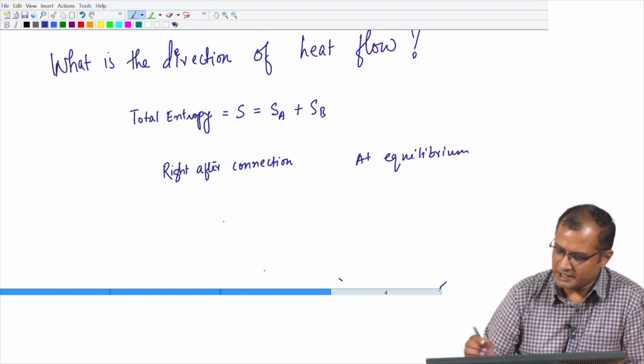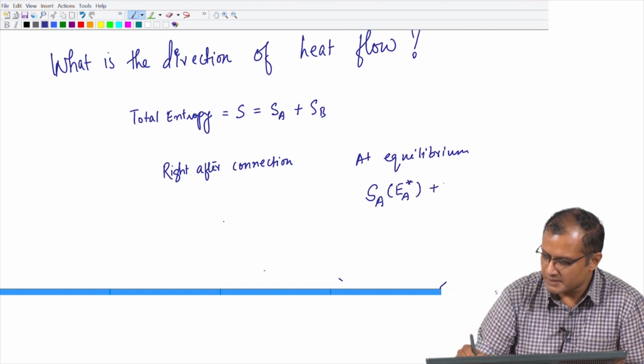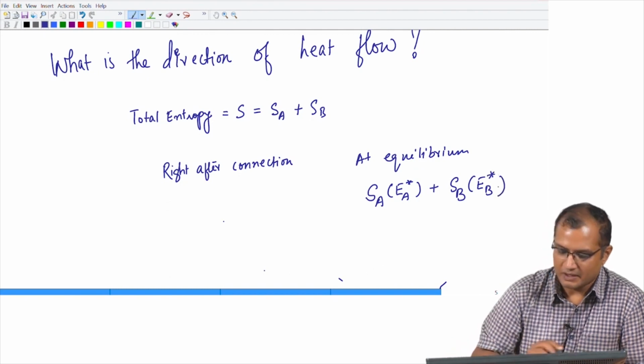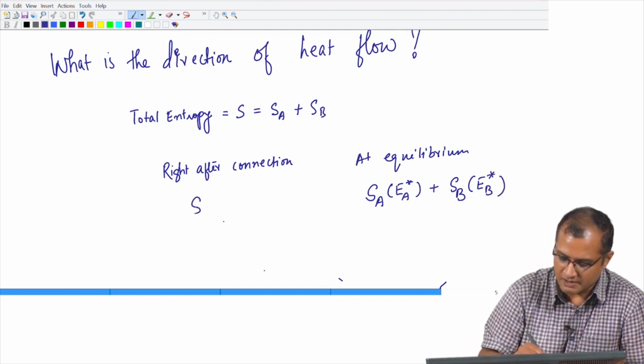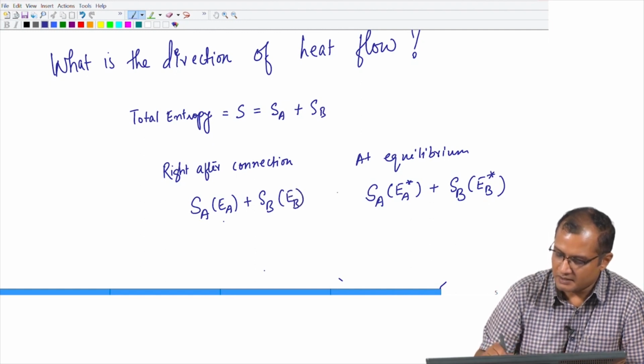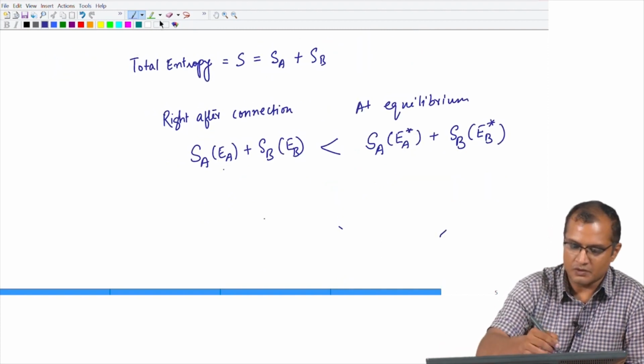So, at equilibrium I know that the entropy would be S of A at E A star plus S of B at E B star, and right after connection it was S of A E A plus S of B E B, and this entropy is definitely larger than the entropy to begin with.